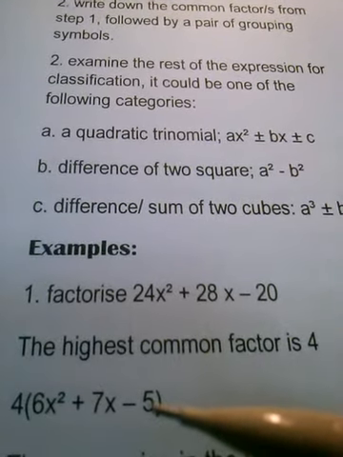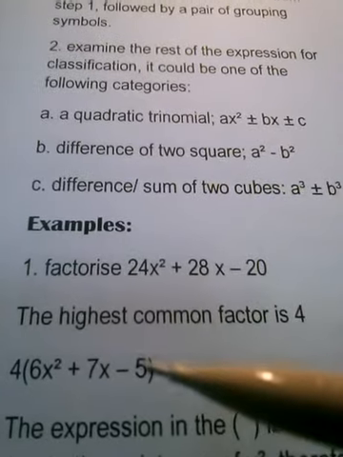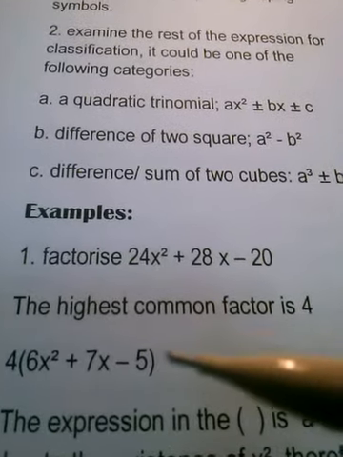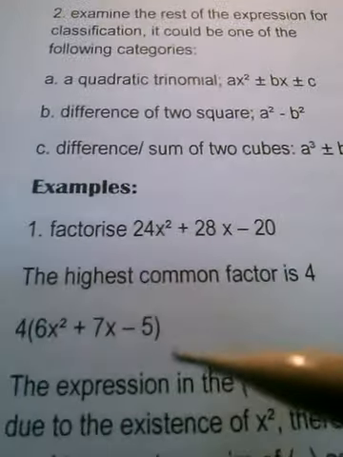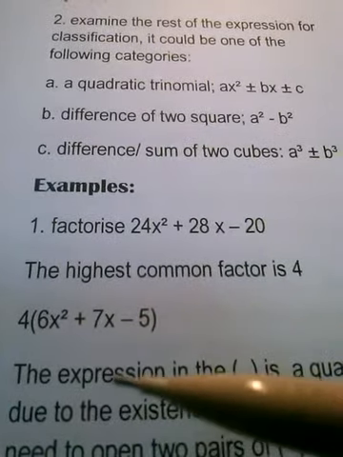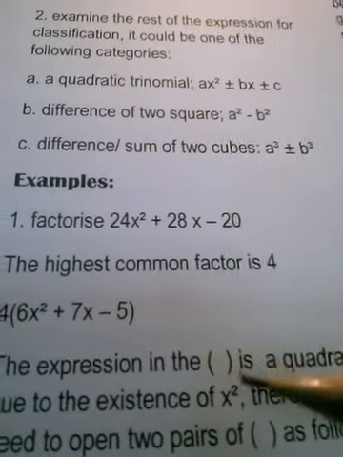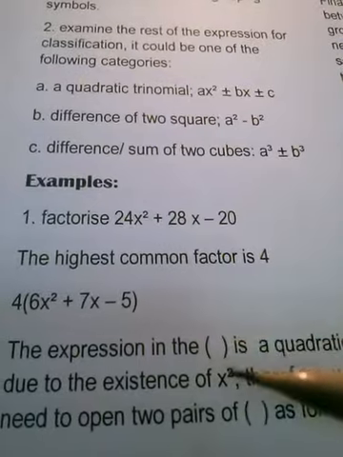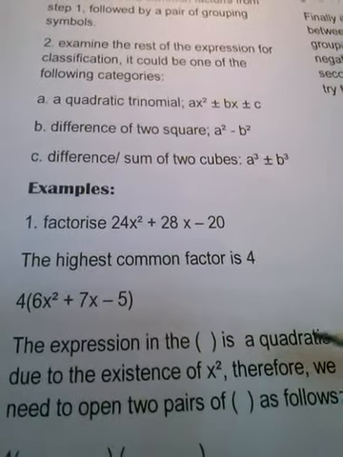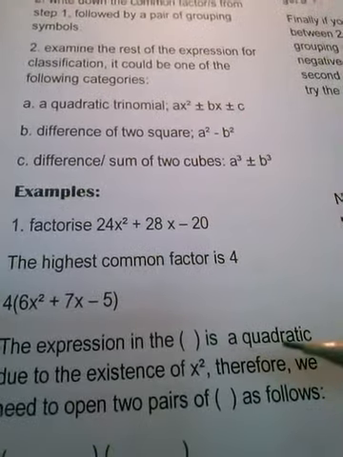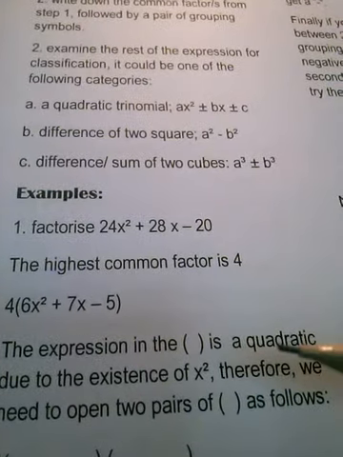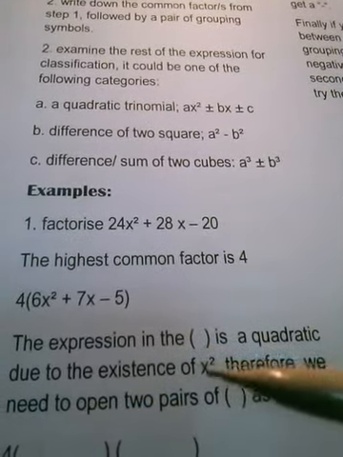Now, the next thing we need to do is to look at the expression in between the 2 brackets. The expression in the pair of brackets is a quadratic one, due to the existence of x squared.